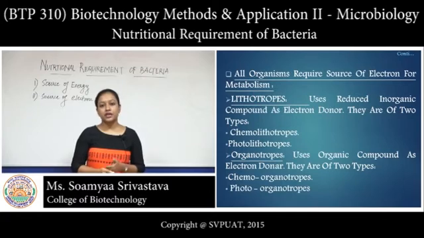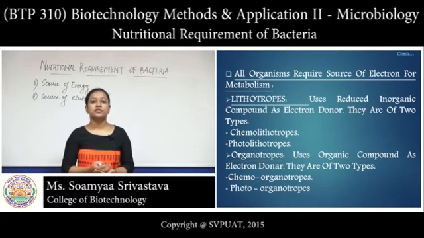There are two kinds of organisms divided on such basis, the lithotrophs and the organotrophs. Lithotrophs are those organisms which use reduced inorganic compounds as their electron source, and there are two types of lithotrophs.